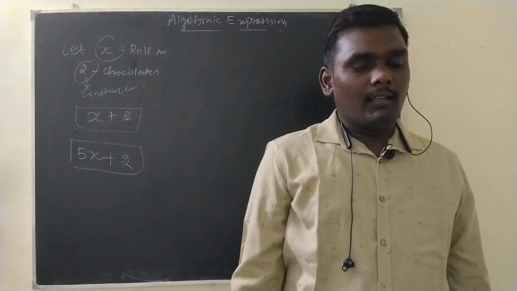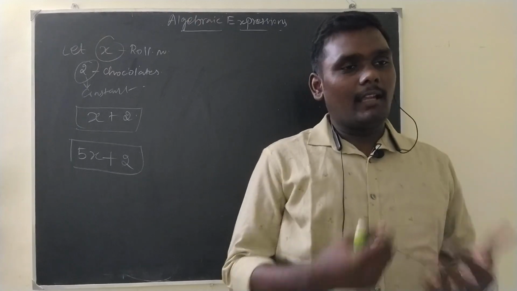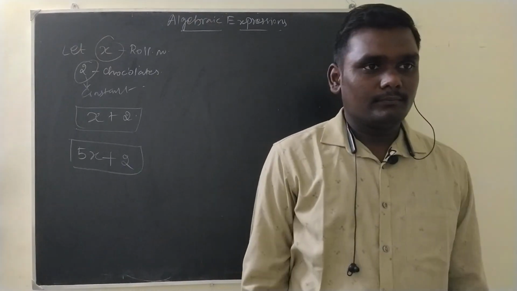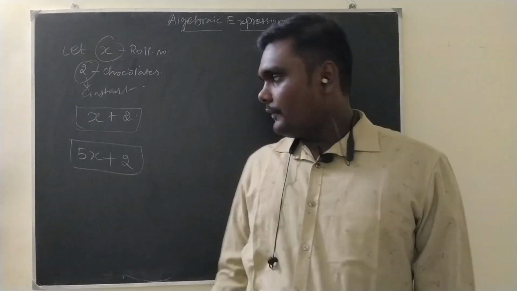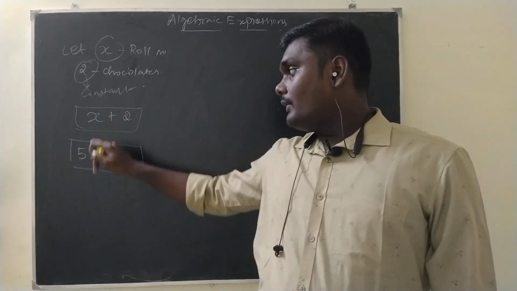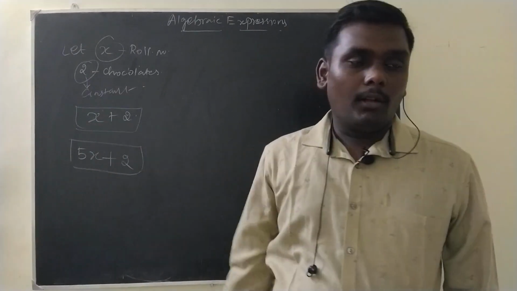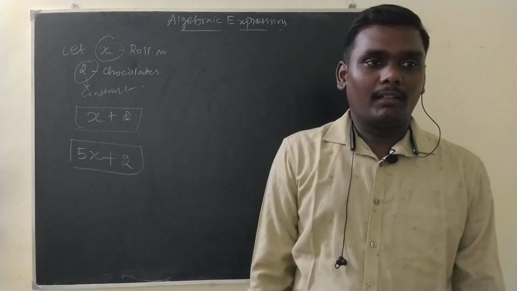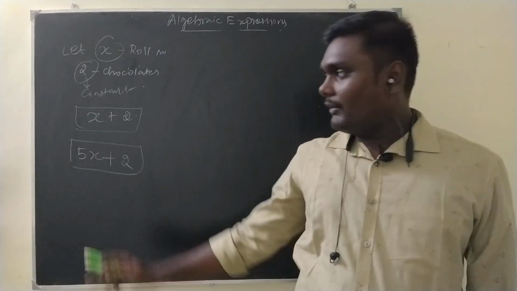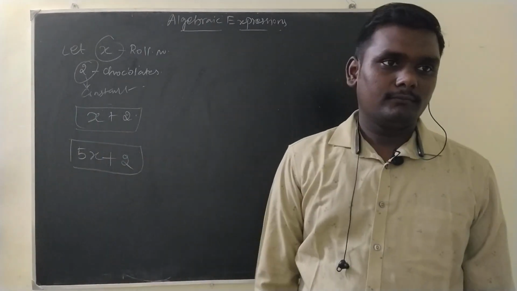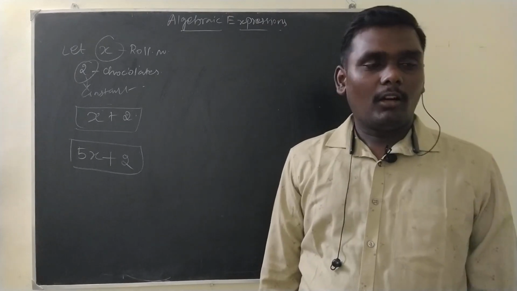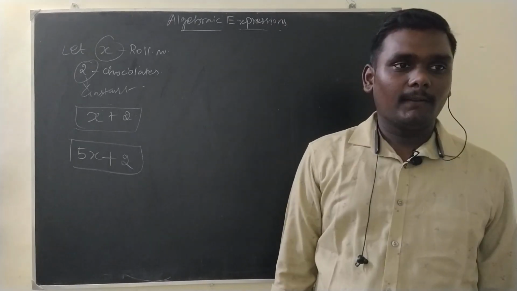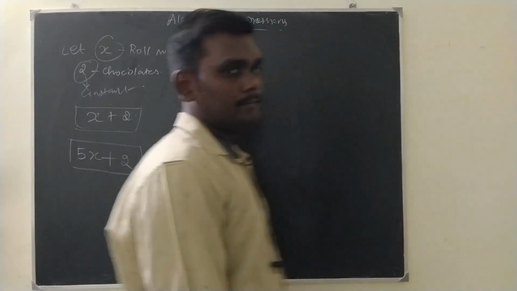These expressions are classified into types. First, if the power of the variable is a non-negative integral power, which means the power is a whole number, then we can call that algebraic expression a polynomial.